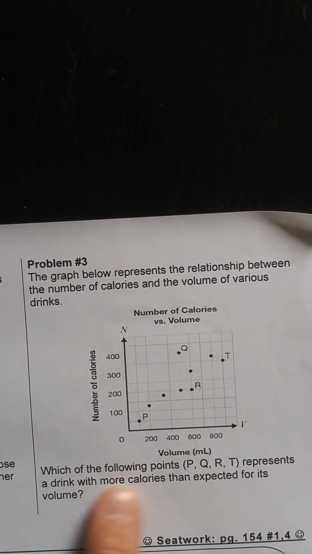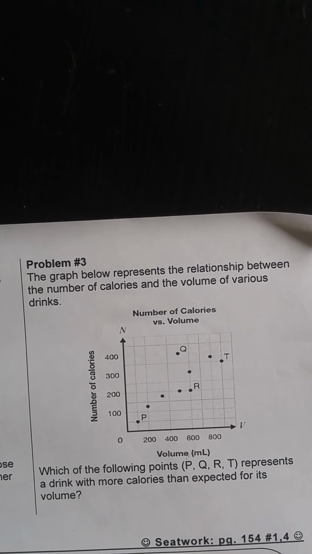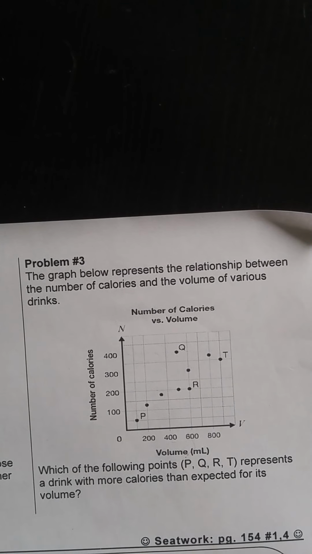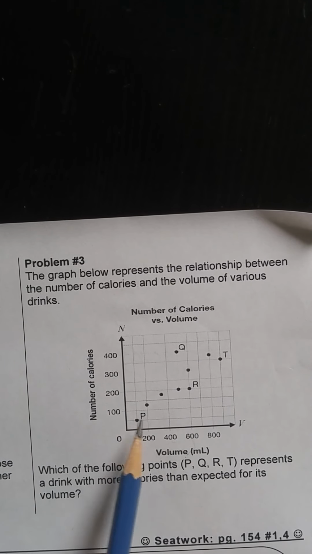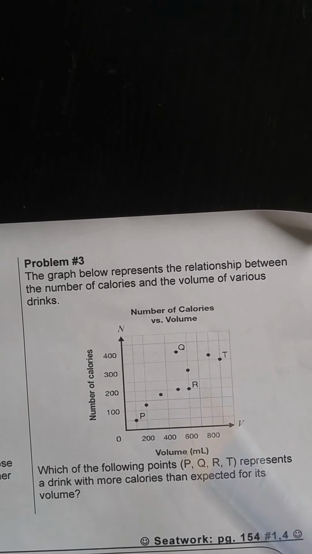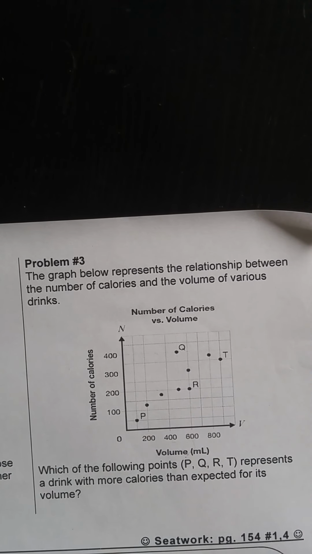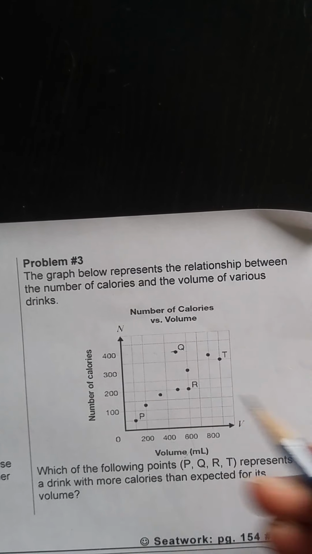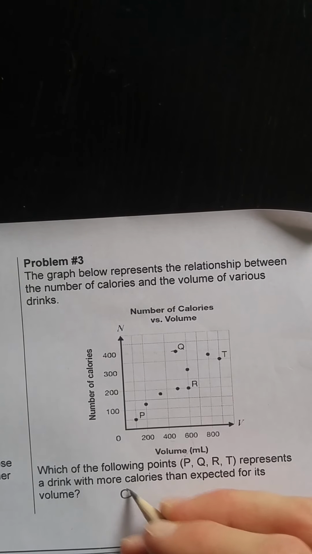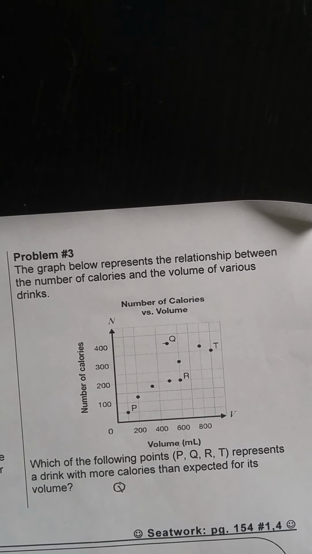But our question is, which of the following points P, Q, R, and T represent a drink with more calories than expected for its volume? So we want to find one whose point is a lot higher than expected. So this is our upward trend. We see Q is a lot higher than expected. So it's expected to be around here, but Q is all the way up here. So our point Q is the one that represents more calories than expected.